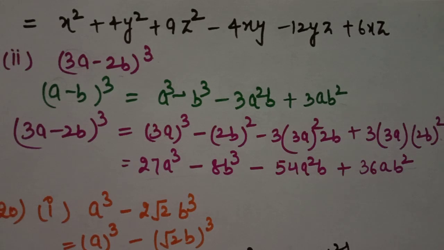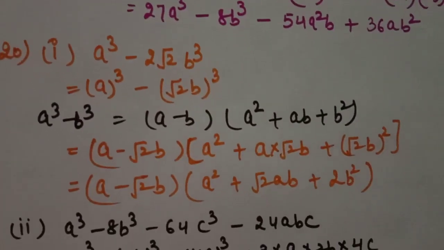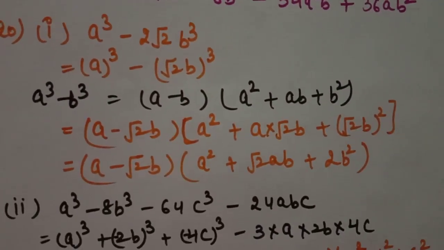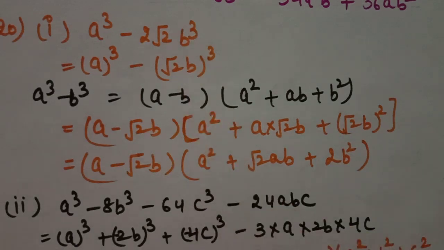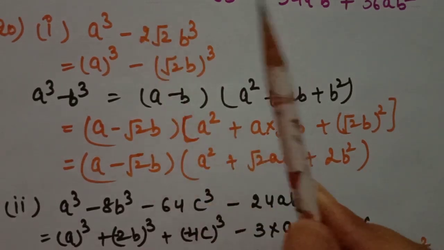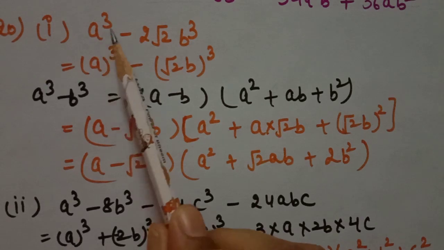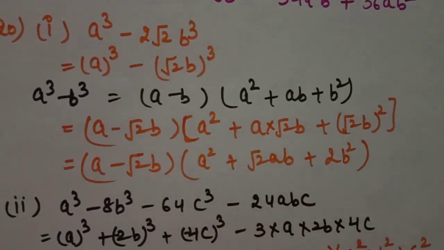Question number 20 was factorize. We have to factorize two parts, first and second. The first part is a cube minus 2 root 2 b cube. We have to factorize it, which means we have to change this polynomial into 2 or 3 different factors. So students, we have a cube minus b cube.